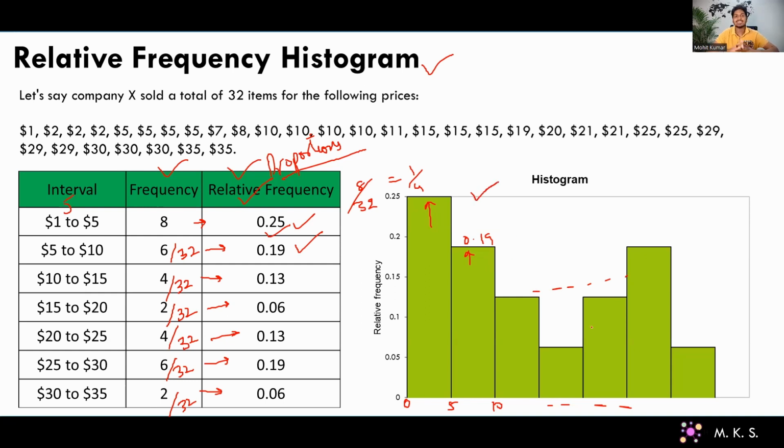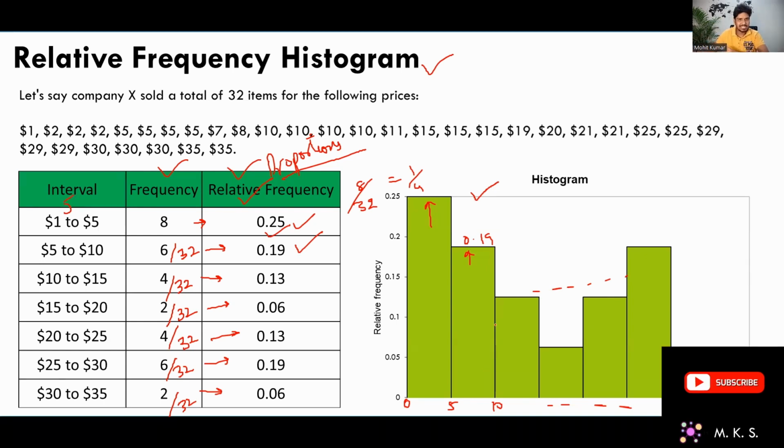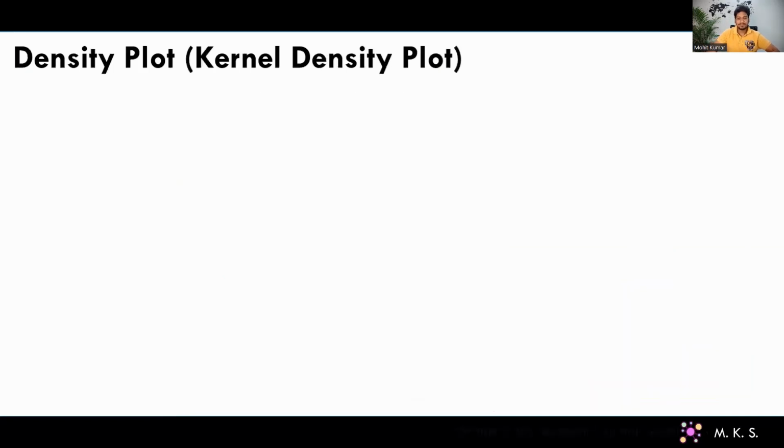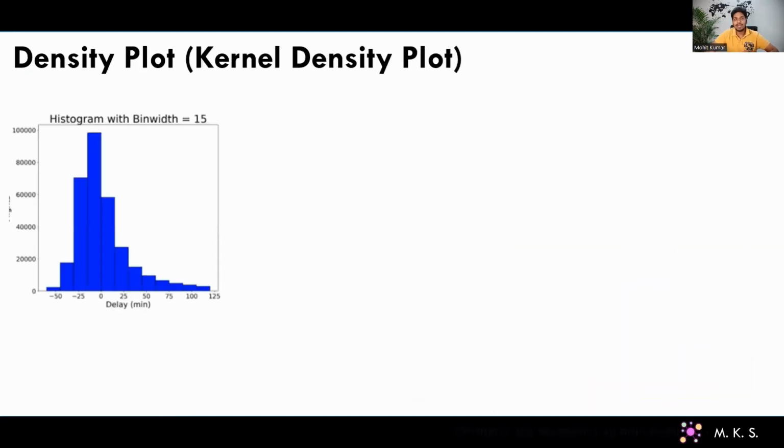In this case, there are 7 bars we have created. That depends on the interval size you choose. As the interval size changes, the number of bars also changes. That's pretty simple, right?